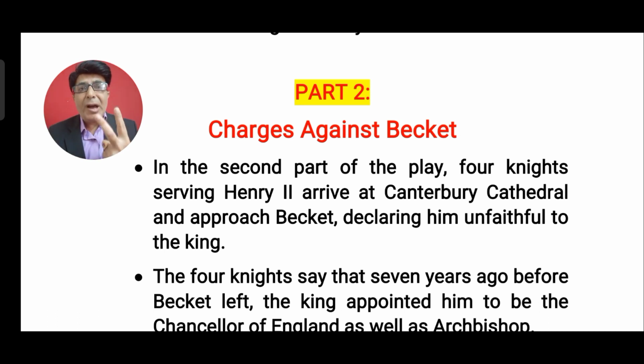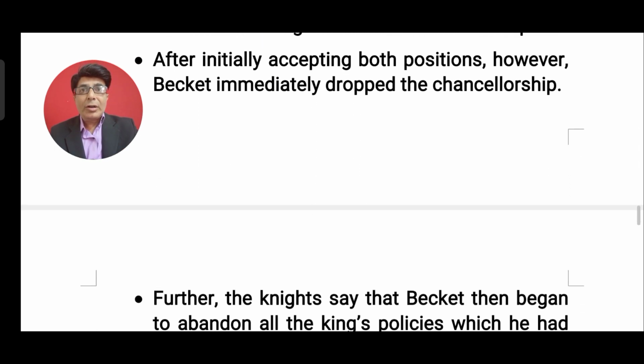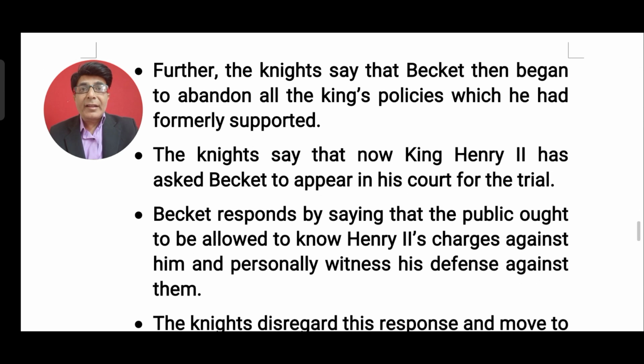Then part 2 begins, in which the four knights, who are the agents of King Henry II, come one by one and lay some charges against Archbishop Thomas Becket. They say that the king has asked him to remain present in the court in order to defend the charges.